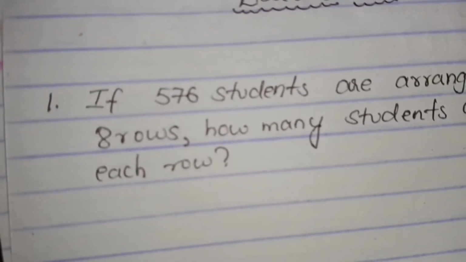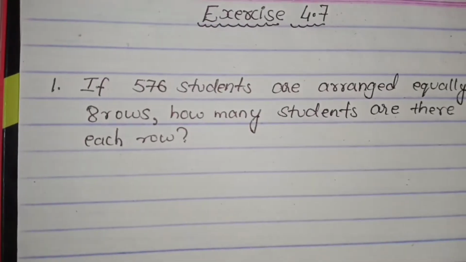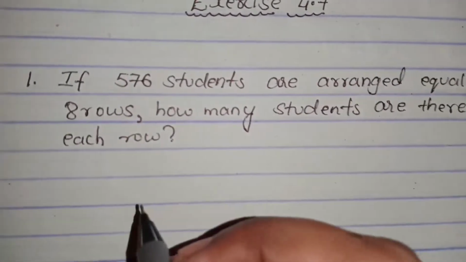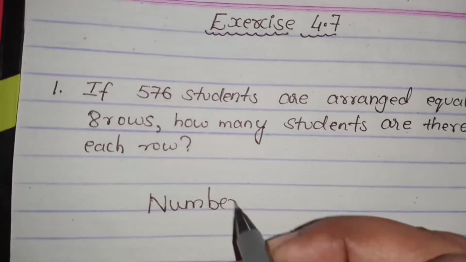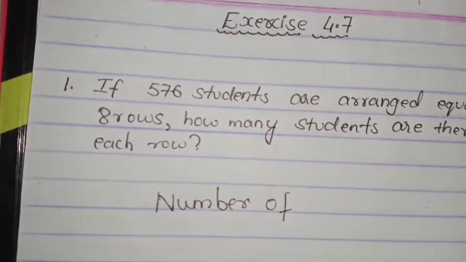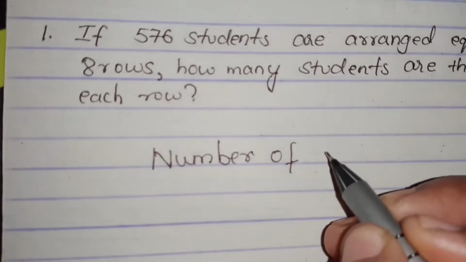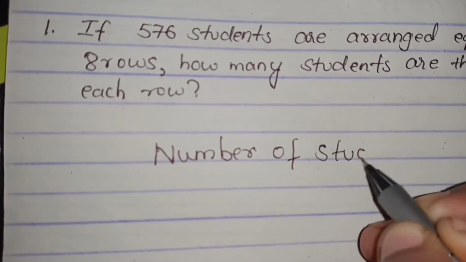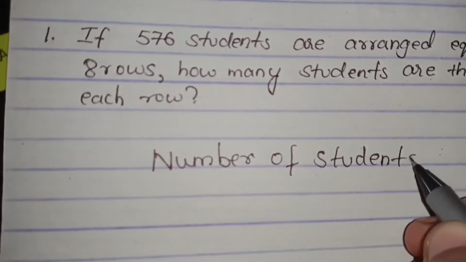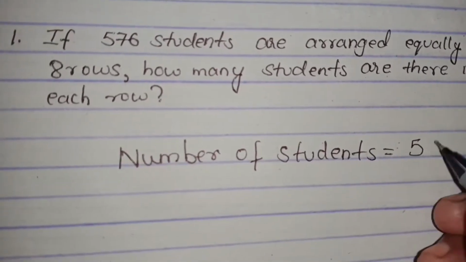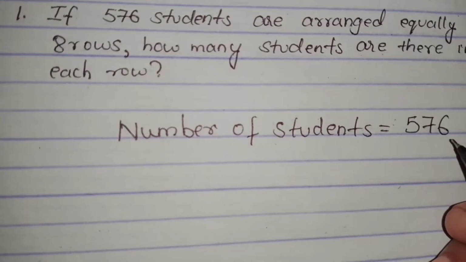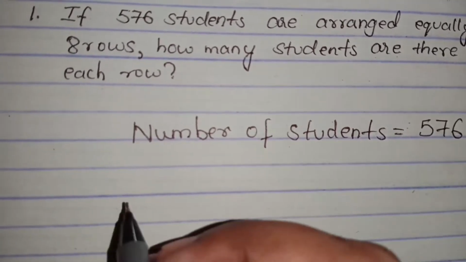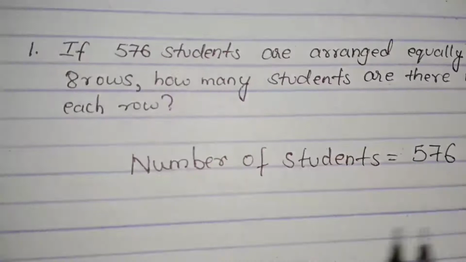Let's see how to do it. Let's begin. First we will write the number of students. How many students are there? 576. Now we will write the number of rows.